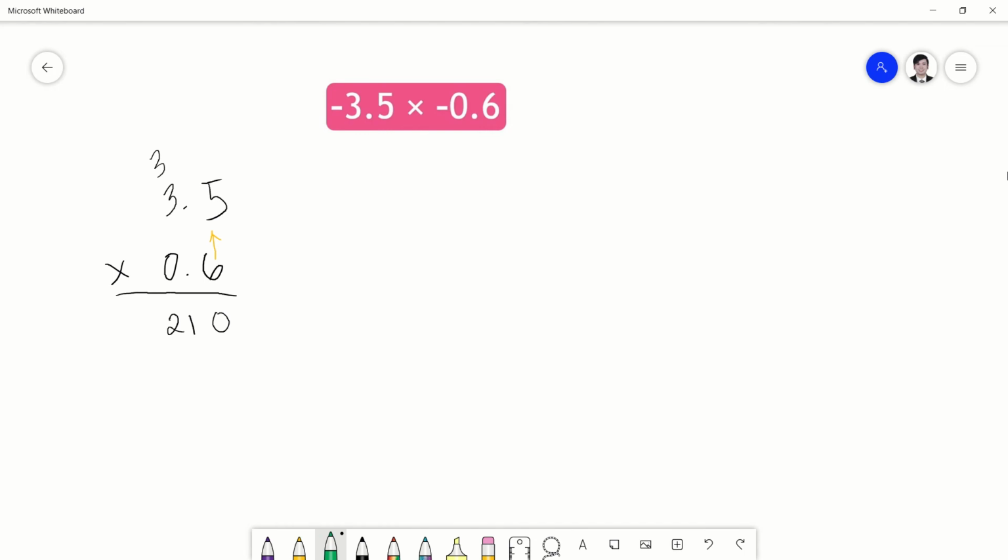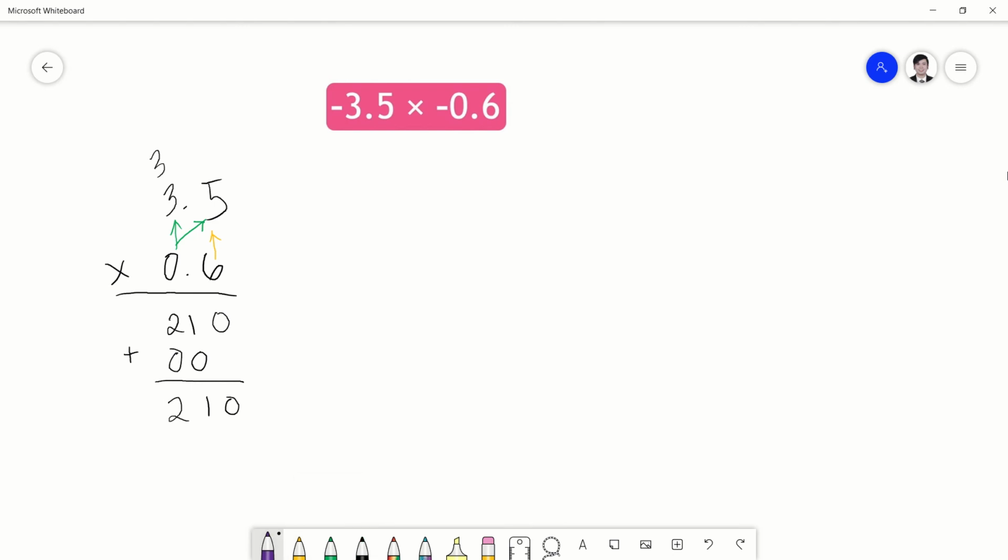The next is to multiply 0 to 5 and 0 to 3. 0 times 5 is 0, so we put it here below 1. 0 times 3 is 0. Now we add. Then we count the number of decimal places in our given: 1, 2.